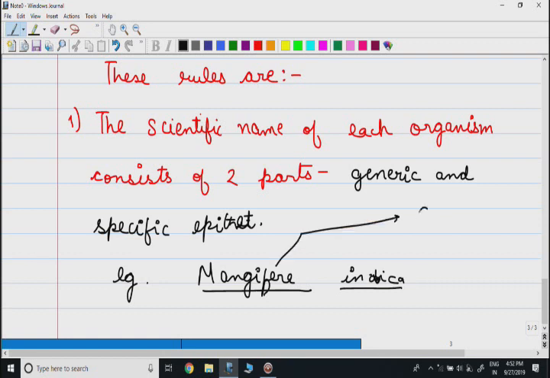This part is called the generic name or generic epithet. This part is the name of the species.